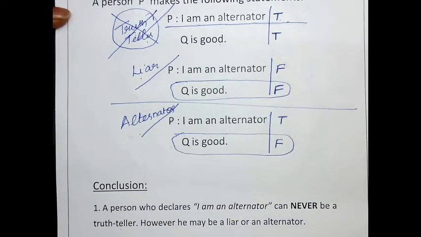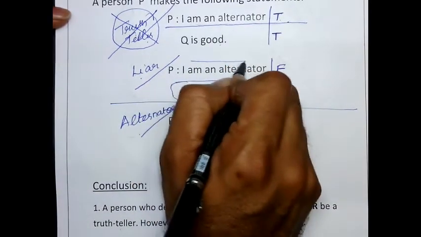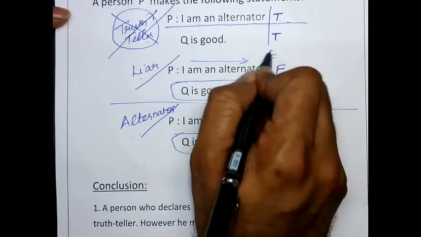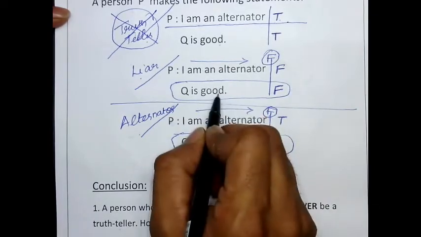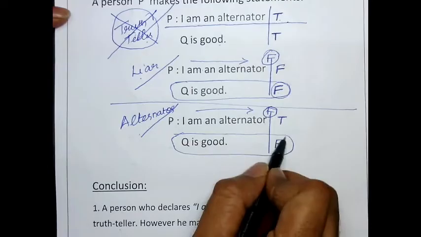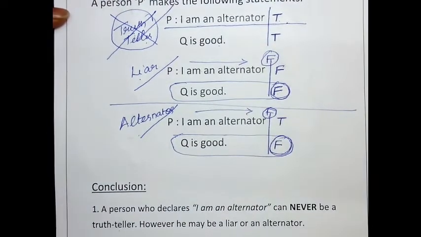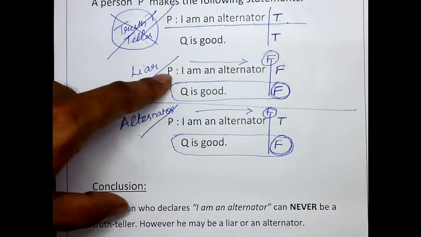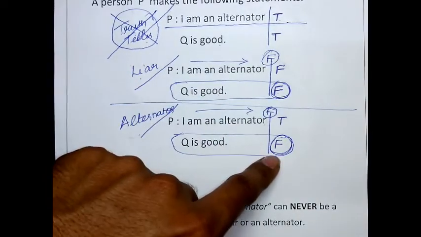If I extend this logic, the statement that is lying immediately prior to I am an alternator, or that immediately follows I am an alternator, will definitely be a false statement. Listen carefully. The statement that immediately follows I am an alternator will definitely be false.